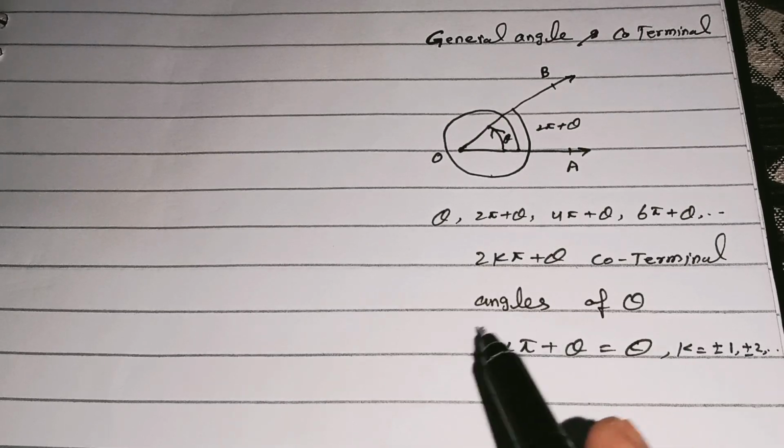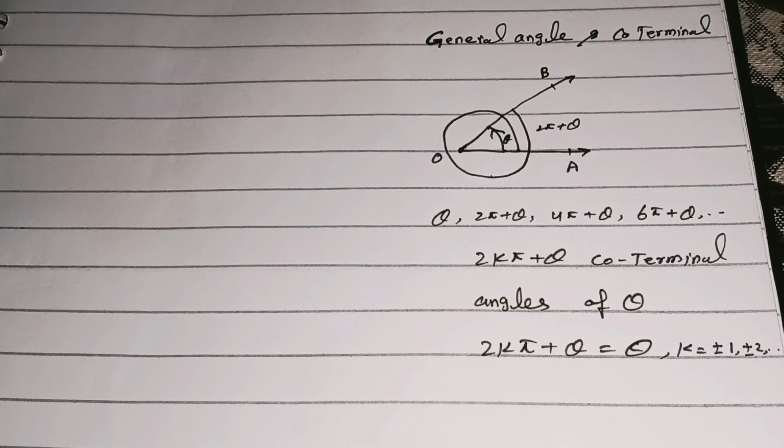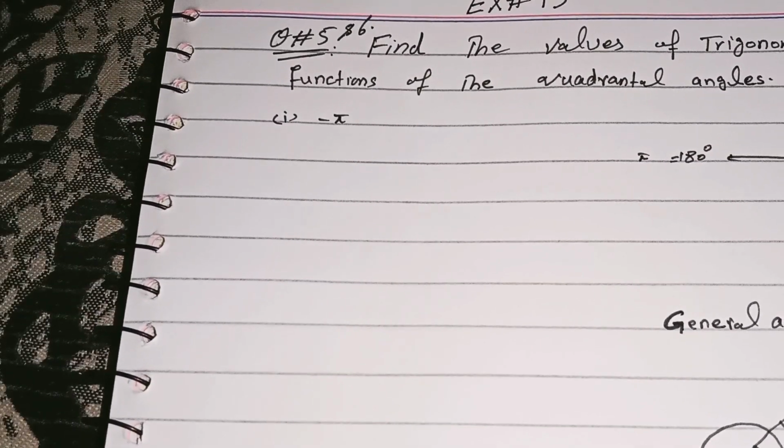By using this relation, we can reduce any value of theta, either positive or negative, either greatest or smallest, to simple theta, and the value of theta can be taken as 0 degree, 30 degree, 45 degree, 60 degree, 90 degree, 180 degree, or 270 degree, whose values we have remembered.